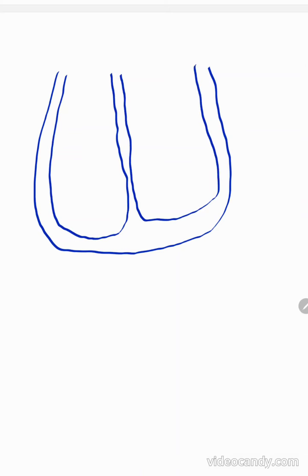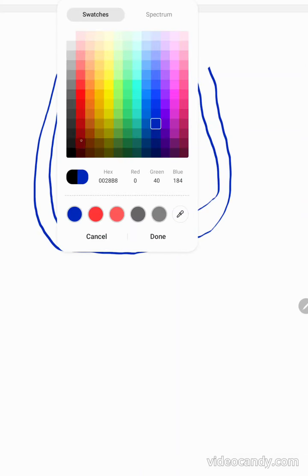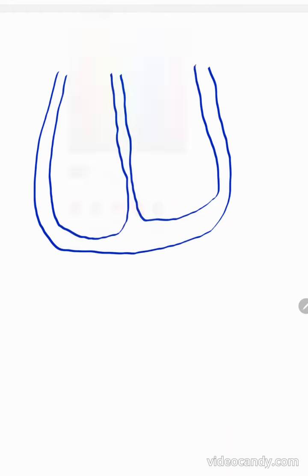Now here let's draw a vein. This is a vein. Okay, this vein is known as the intersegmental vein. Okay, so this is a bronchopulmonary segment.